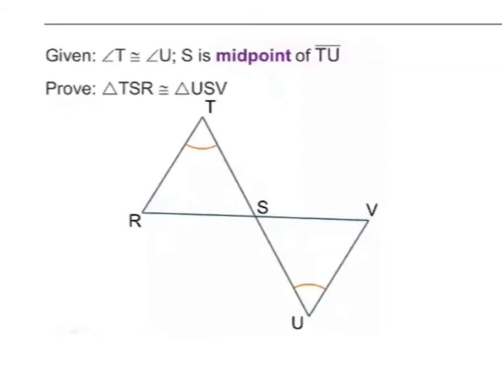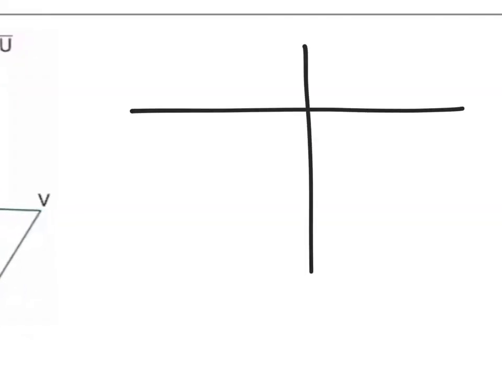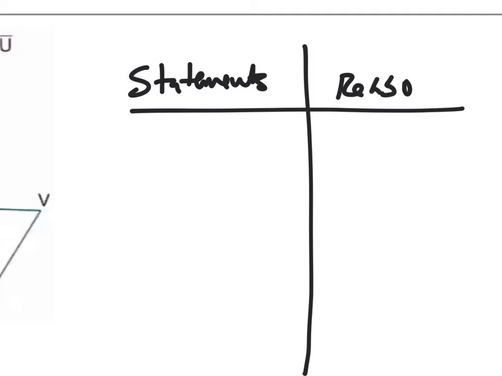Given, on this one, you're given that angle T is congruent to angle U, and we know that S is the midpoint of TU. So let's write down that given information here. These are statements. These are reasons.